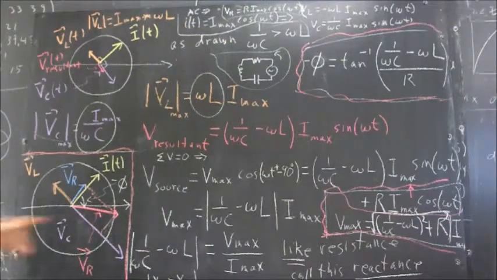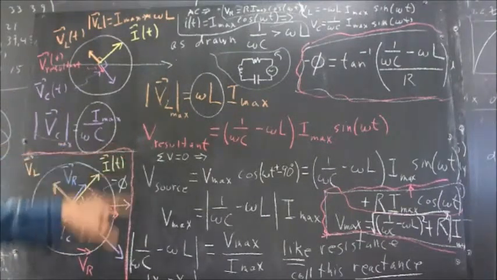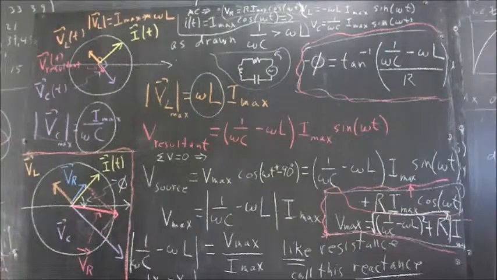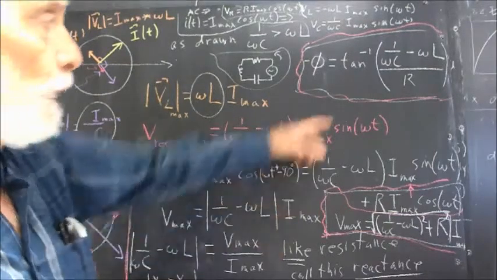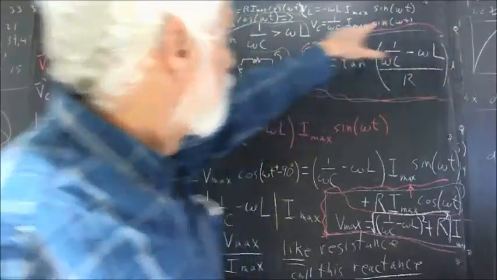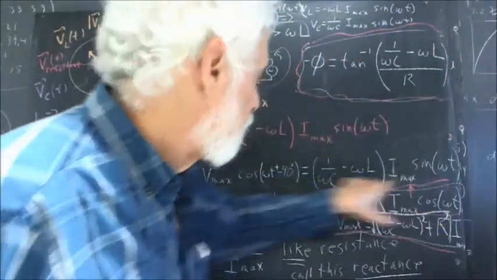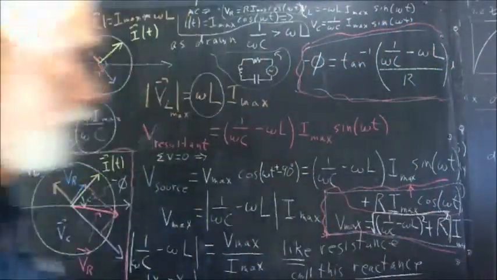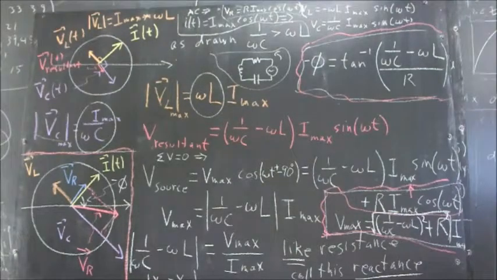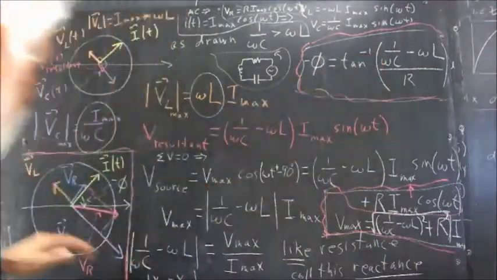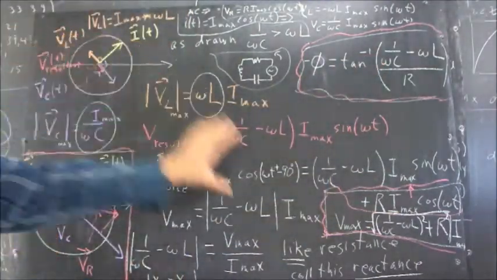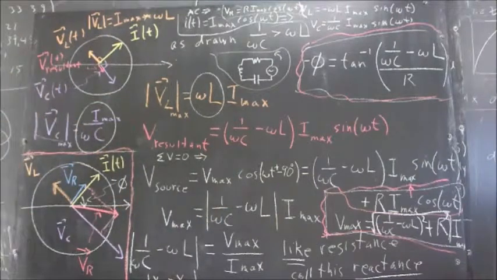Okay, so what does that do in our phase diagram? Well, that puts the resistor voltage in there. So all this stuff outlined in pink here, here, and down here has been added. None of this is relevant to anything that we did previously with the LC circuit.